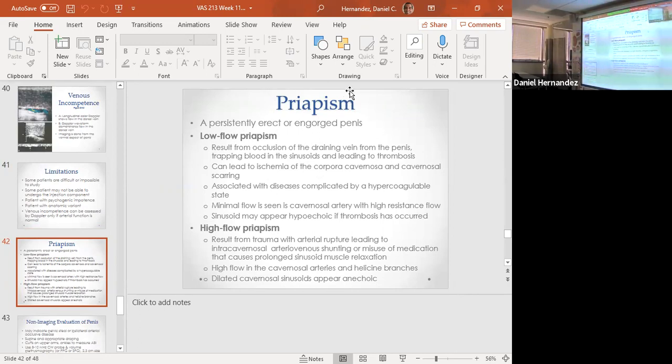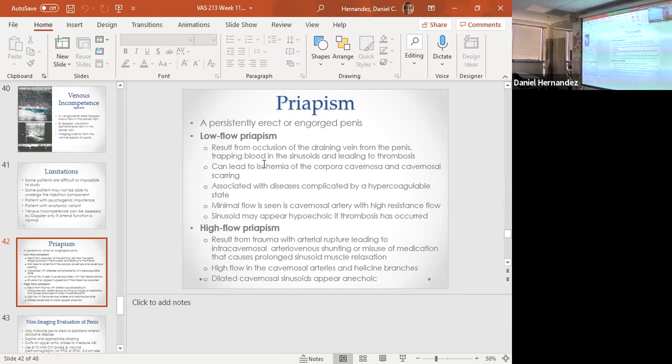So there's a condition called priapism. This is a persistently erect or engorged penis. We can have low flow priapism. This results from occlusion of the draining vein from the penis, trapping blood in the sinusoids. And this can eventually lead to thrombosis.